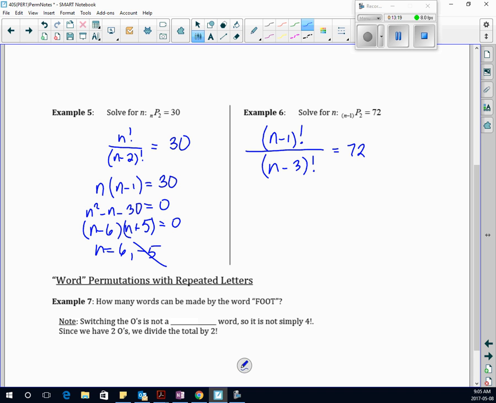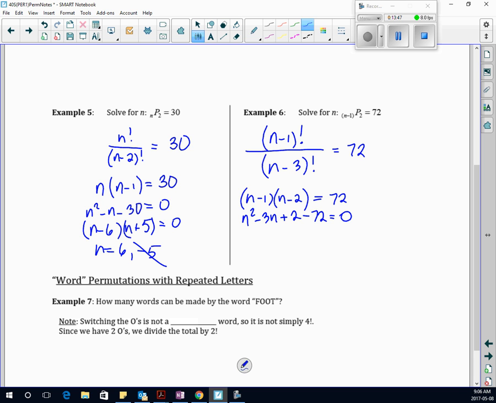Okay, so now what does n minus 1 factorial over n minus 3 factorial simplify to be? N minus 1 times n minus 2, and then after that, they cancel, equals 72. So now we FOIL this. So n squared minus 3n plus 2 minus 72 equals 0.